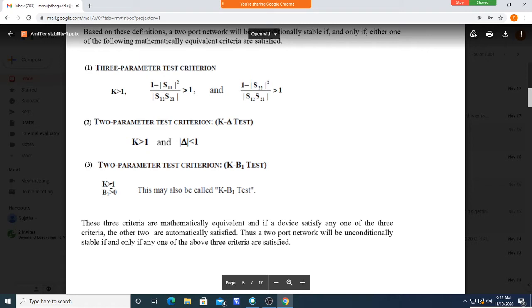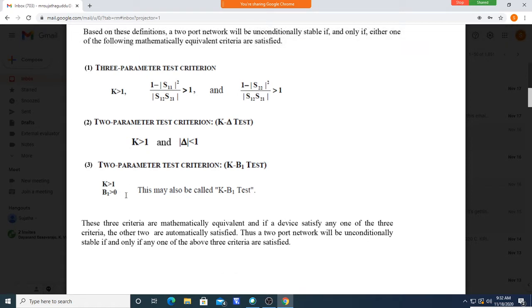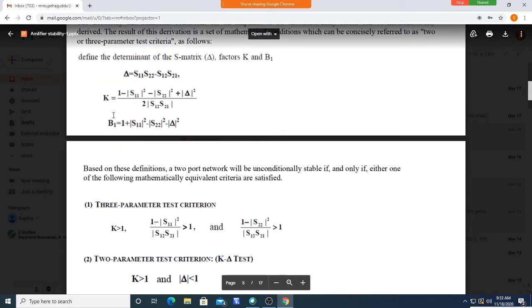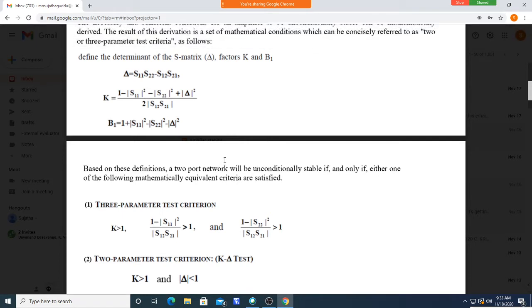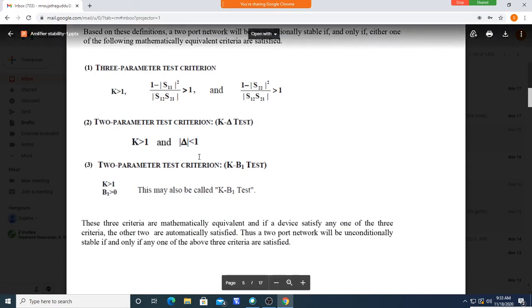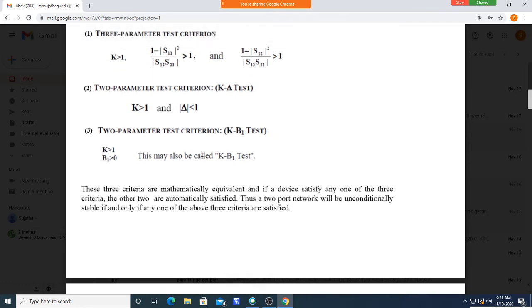If both k is greater than 1 and b1 is greater than 0, it is unconditionally stable. So you need not calculate all three. Any two you can do, either delta and k or k and b1, because in the examination it may take time if you start doing all. Delta and k is what we usually follow. You can do that and test whether it is unconditionally or conditionally stable.